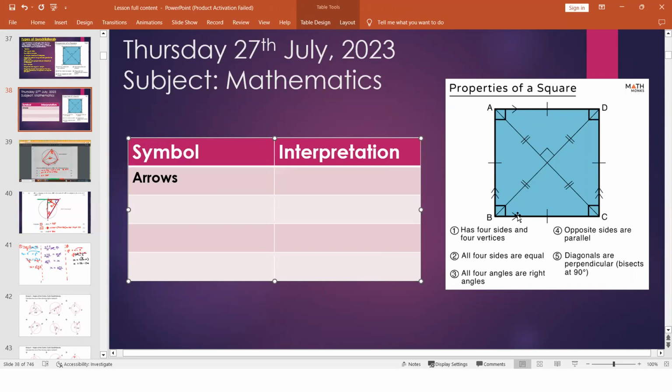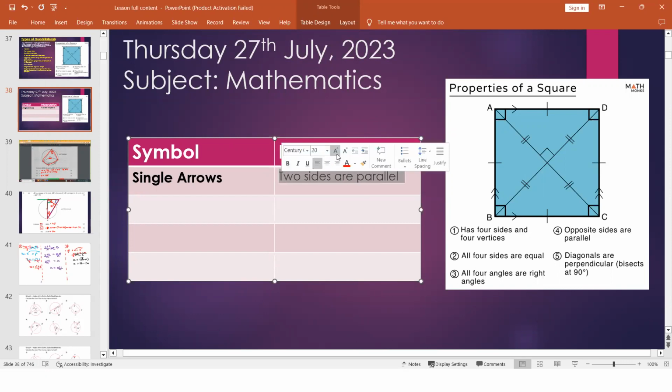The arrows that are on these lines, what do they indicate on the line? Let's start with single arrows. Lines parallel. Yes, the two sides are parallel to each other. That's what we mean by the single arrows.